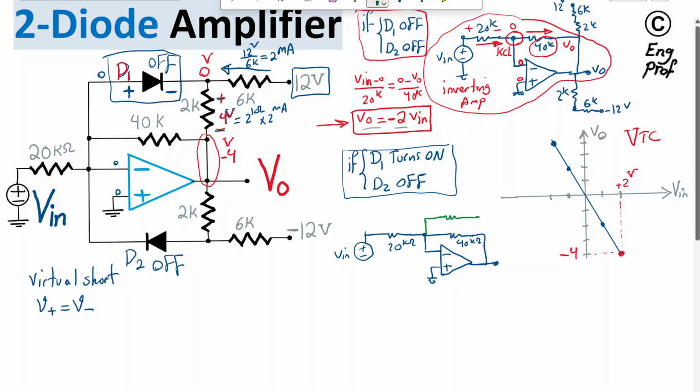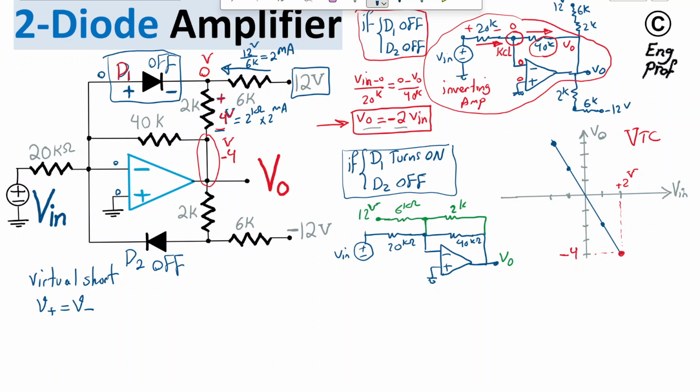So we get 2K. Then this node, which is here now, will still be connected through 6K to positive 12 volt, and here is Vout.